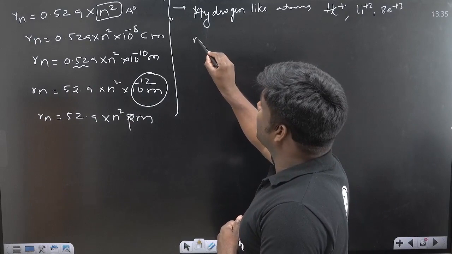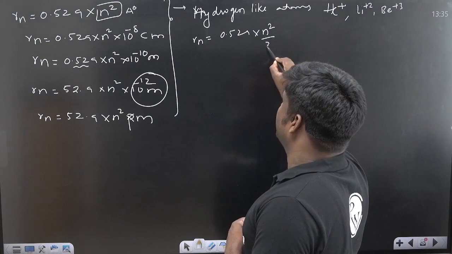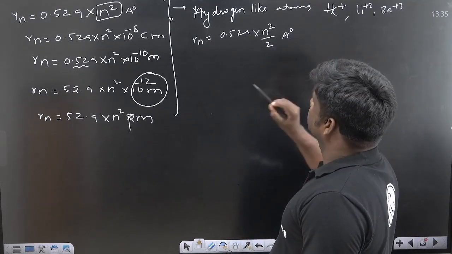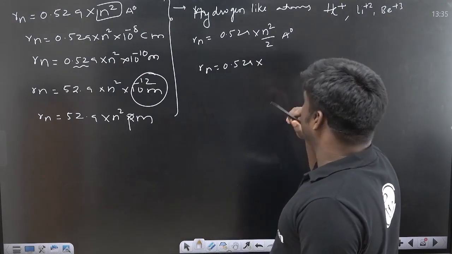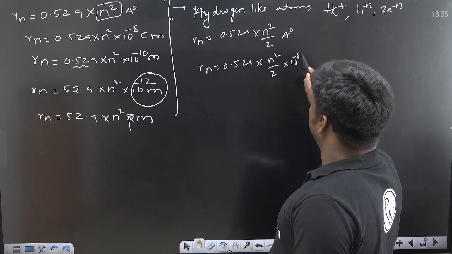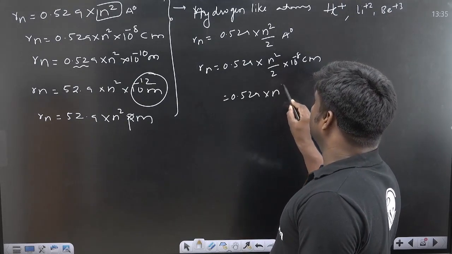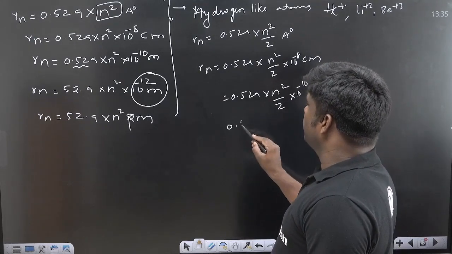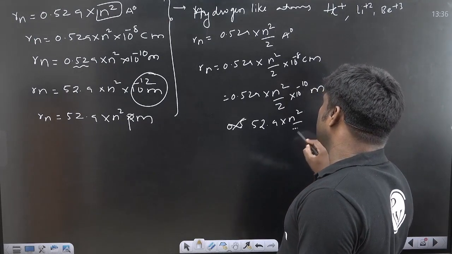For hydrogen like atoms, Rn is equal to 0.529 into n square by Z angstroms, and Rn is equal to 0.529 into n square by Z into 10 to the power minus 8 centimeters, or else 0.529 into n square by Z into 10 to the power minus 10 meters, or 52.9 into n square by Z picometer.